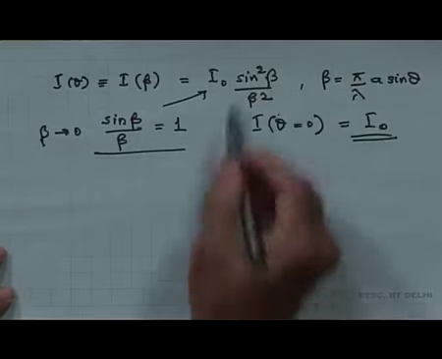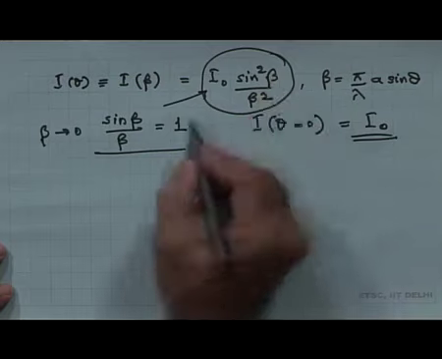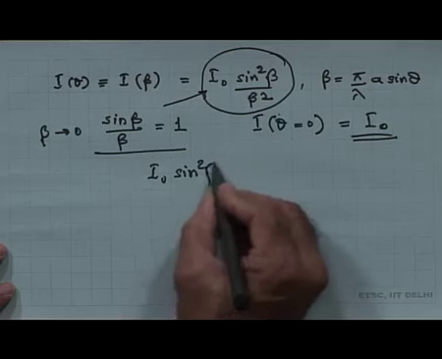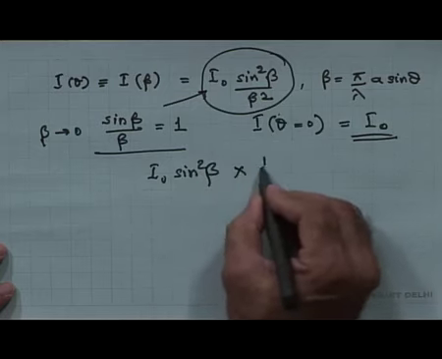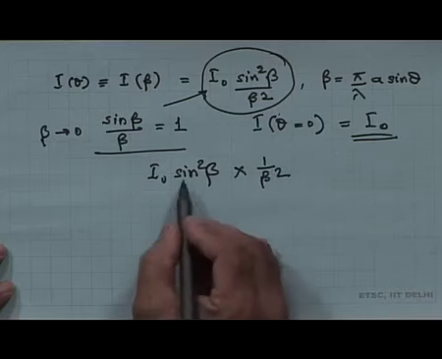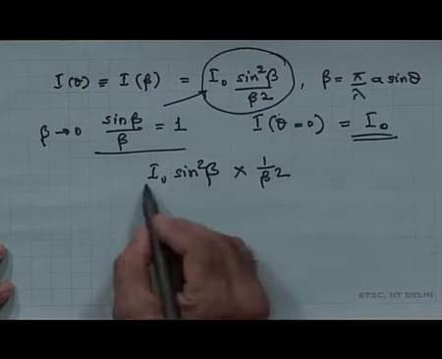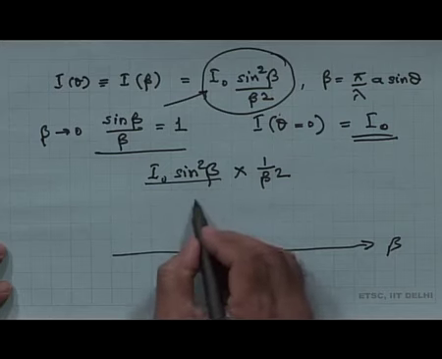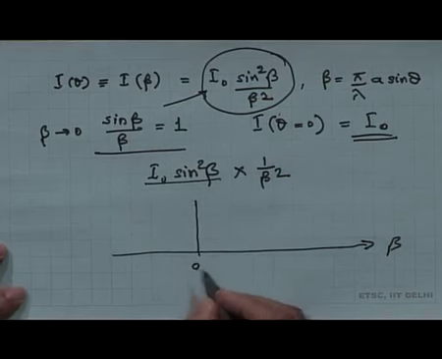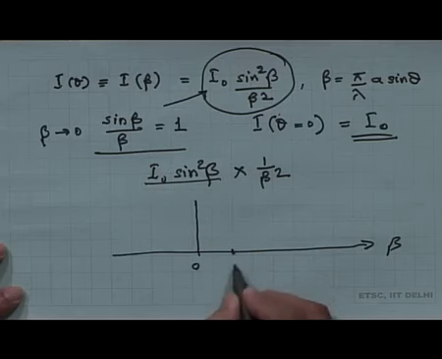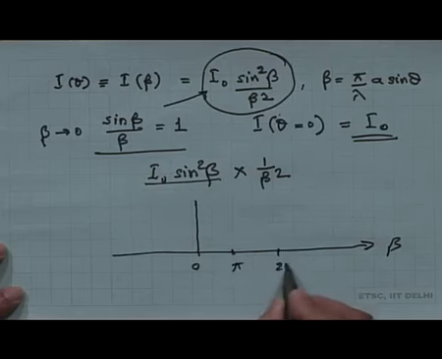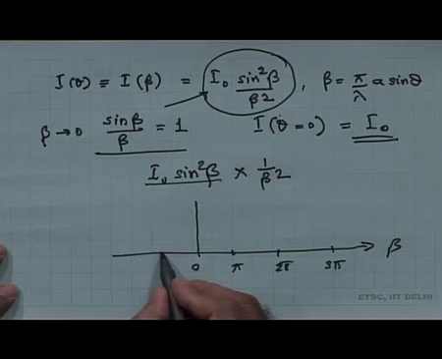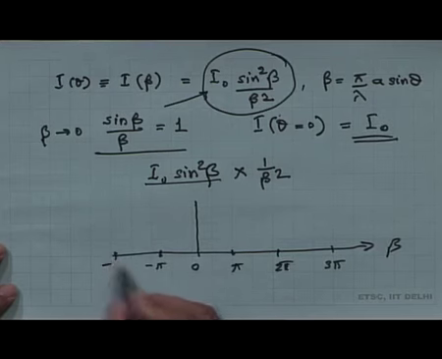Now, let us look at the intensity distribution. There are two functions: I 0 sine square beta, and 1 by beta square. I can write this as a product of these two functions. We know how the first function, sine square, varies. If you plot with respect to beta, let us say this is beta equal to 0, and beta equal to pi, 2 pi, 3 pi, and similarly on the other side minus pi, minus 2 pi.